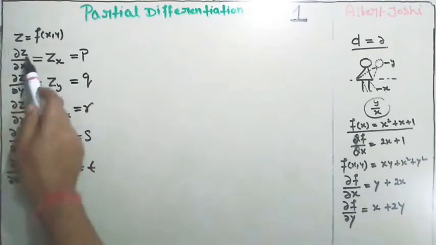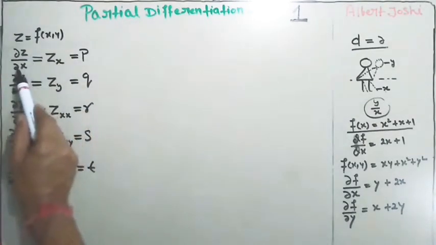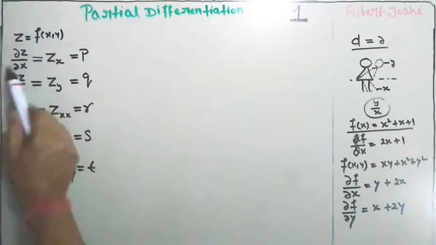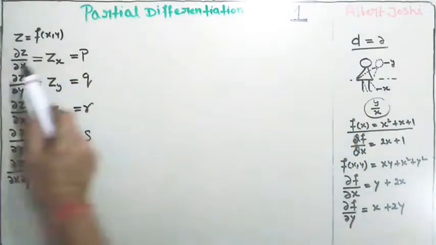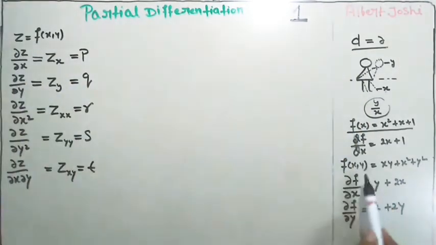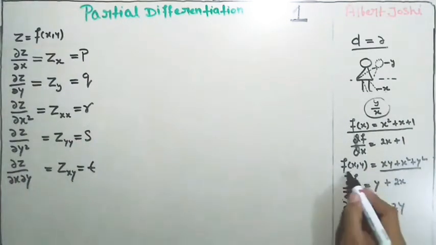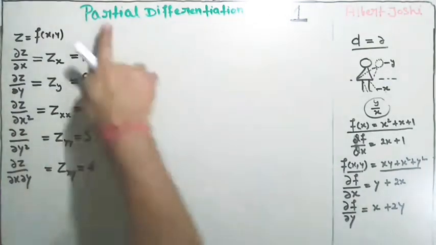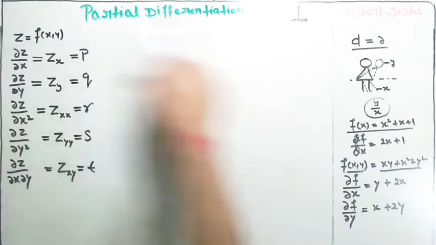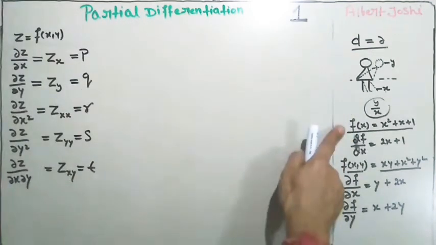If you differentiate this z with respect to x, you will write del z upon del x. Instead of d we are writing del because this is partial. Partial means more than one variable in your function. To differentiate such a function, you will use partial. And simply, if there is only one variable, then you will use differentiate.